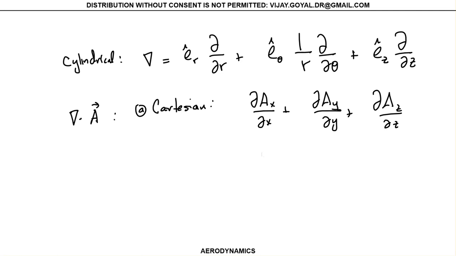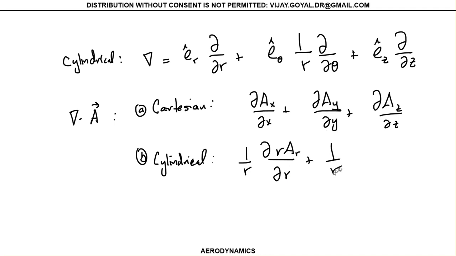In cylindrical coordinates, you will end up with 1 over R partial of R AR respect to R plus 1 over R partial of A theta respect to theta plus partial of AZ respect to Z.